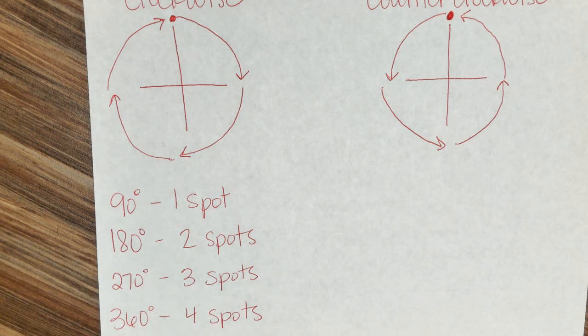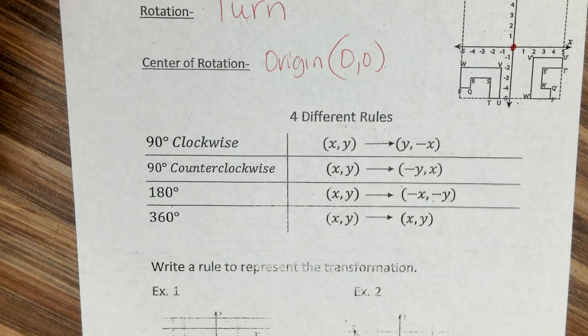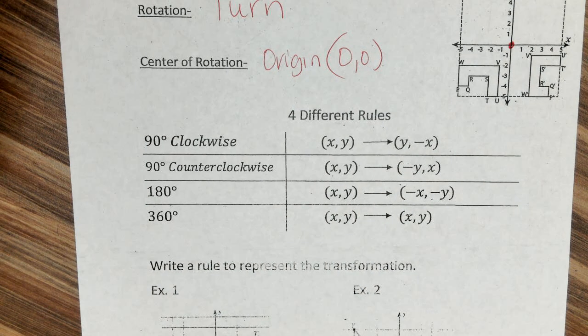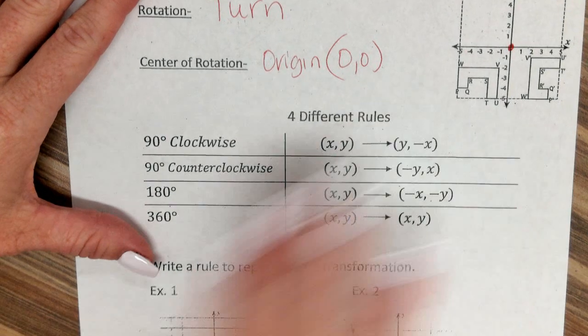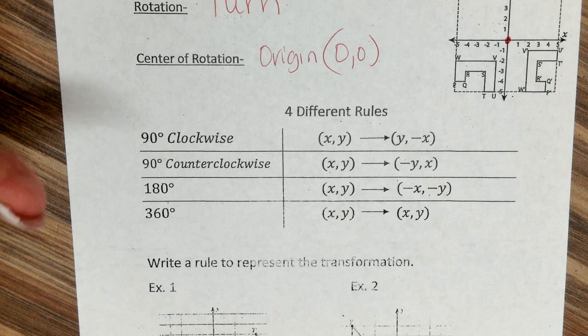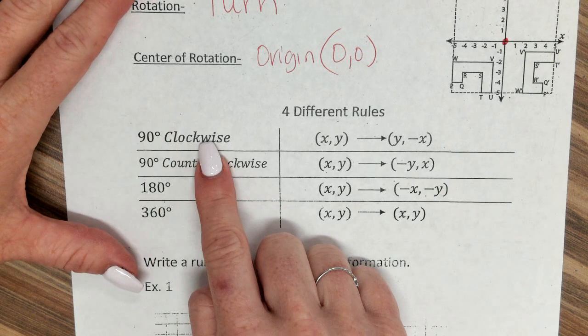Now, this is one of the easiest lessons I teach because of the fact, if you flip back to the front, your rules are all given to you. So these are your answers for today's assignment. They're right here. So if the assignment says, if you rotate a shape about the origin 90 degrees clockwise, what's the rule?